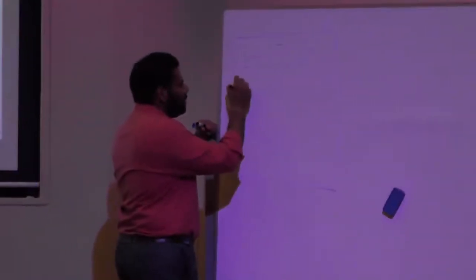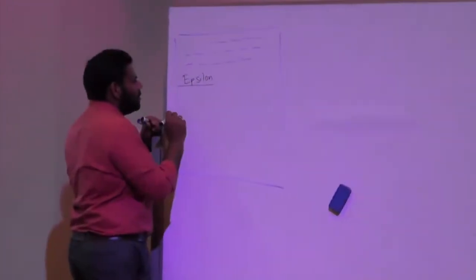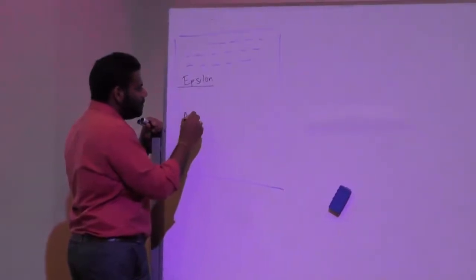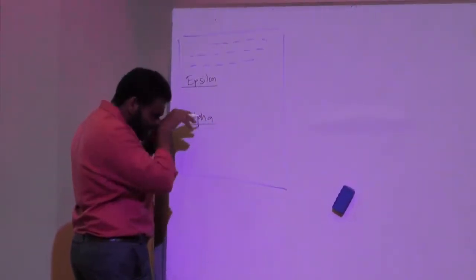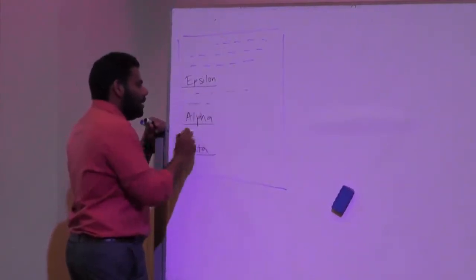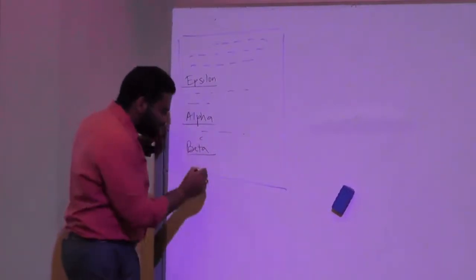two paragraphs which talk about product life cycle, and then you come up with the 3 products: Epsilon, then the next one is Alpha, and then the other one is Beta. These are the 3 products that they have. And on top of that, I think you could add a diagram as well.